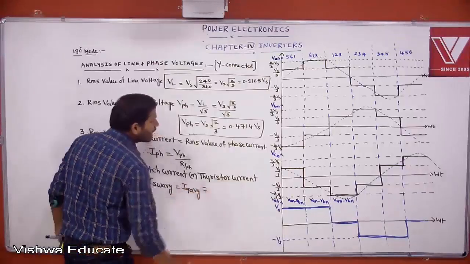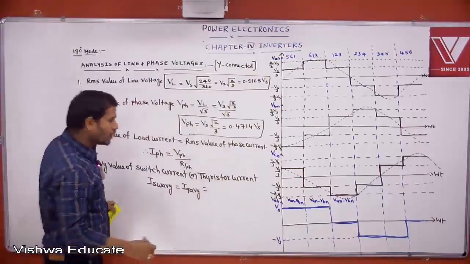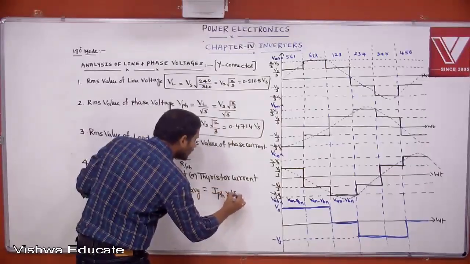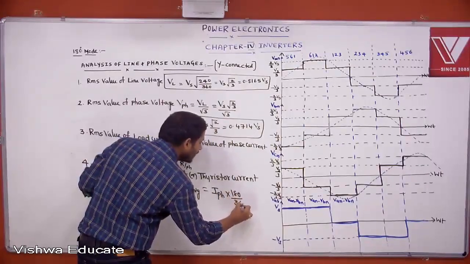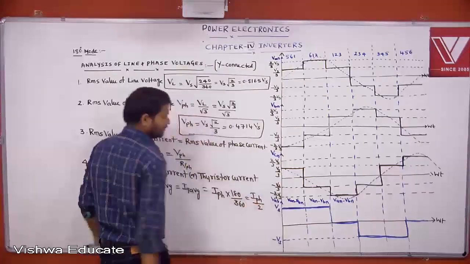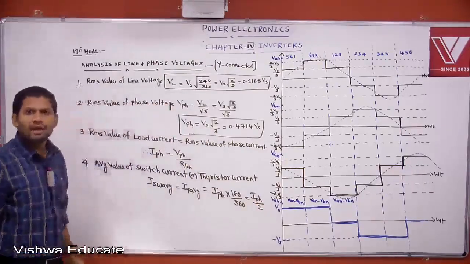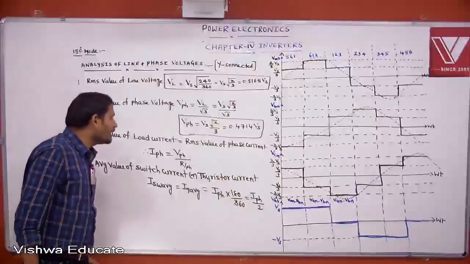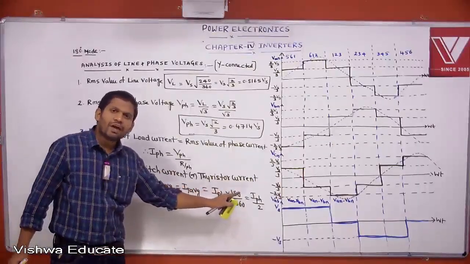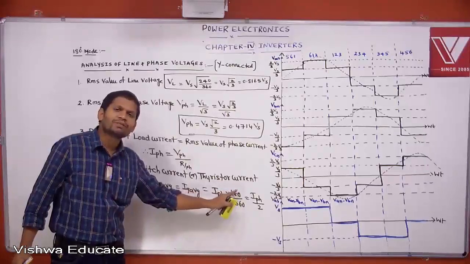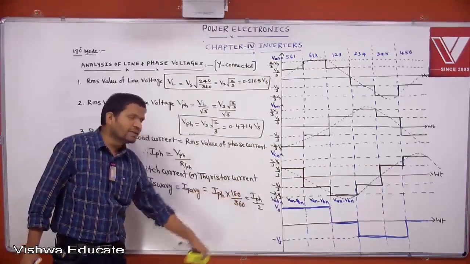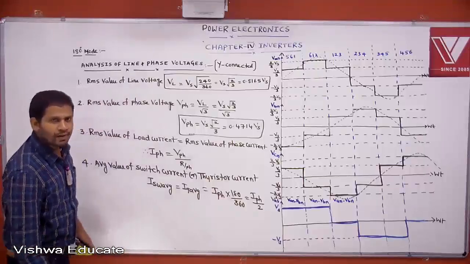Each switch or thyristor supplies phase current only. Then I phase into how much angle is it conducting? 180 degrees, that is 180 by 360. That gives I phase by 2. Average value of each switch current or thyristor current is I phase by 2. Because how do we define it? Average value means on time by total time period. How much angle is each thyristor conducting? 180 degrees in one cycle. 180 by 360 is equal to I phase by 2.